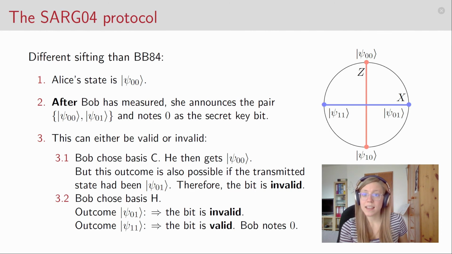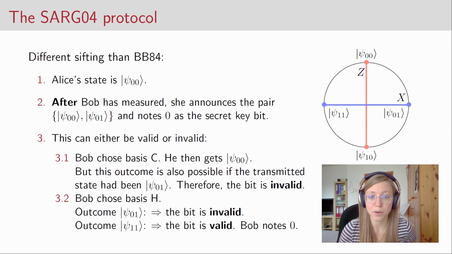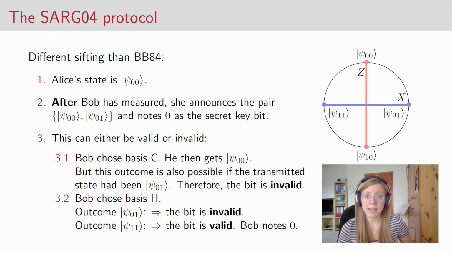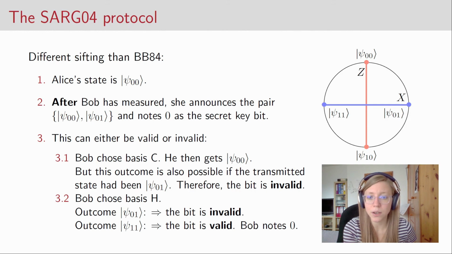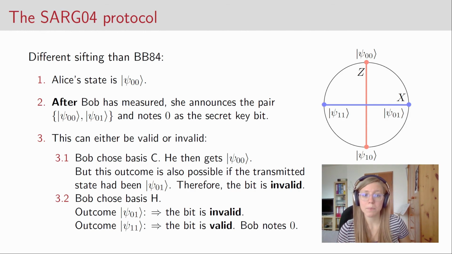Of course, this sifting procedure is much more difficult than the one we have talked about in the BB84 protocol. And also, Bob and Alice have to discard more qubits, more bits than in the previous case, because here, in more cases, the bit will be invalid. But the advantage is that Alice never actually has to announce the basis that she has used for the encoding.